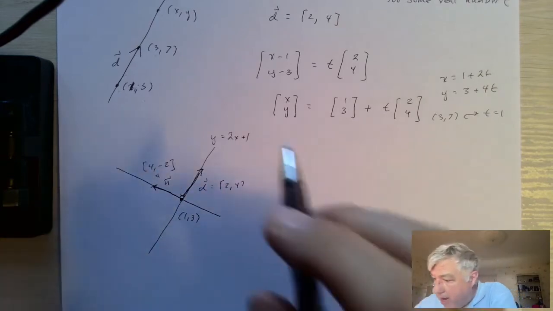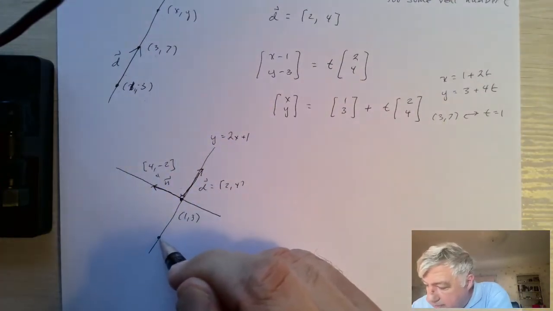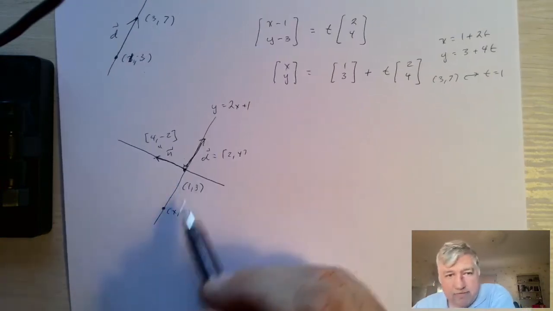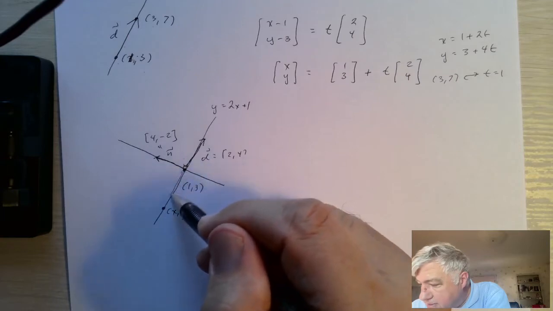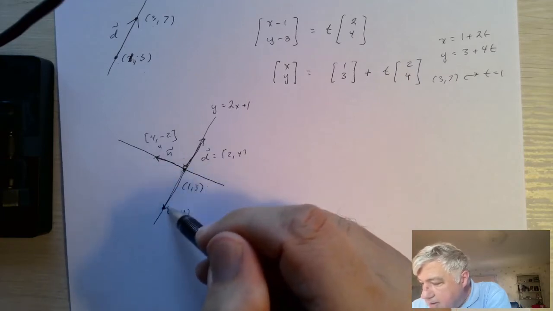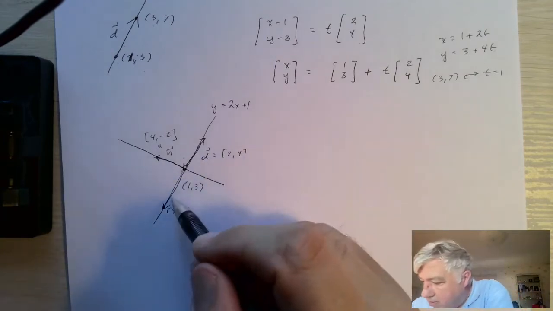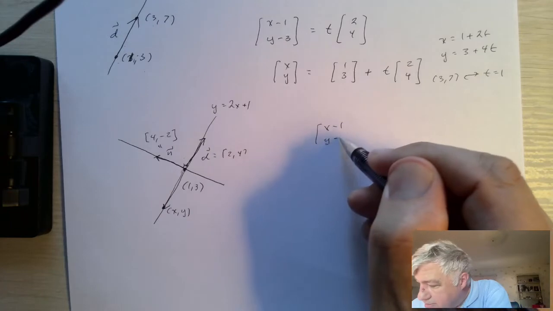And now if we take this vector xy, or a point xy on our first line, and consider this vector from 1, 3 here, this vector is going to be orthogonal to n as well. And what is this vector? It's x minus 1, y minus 3.